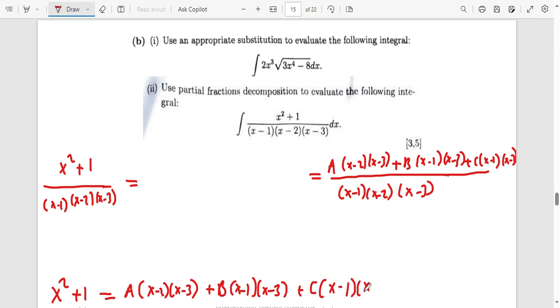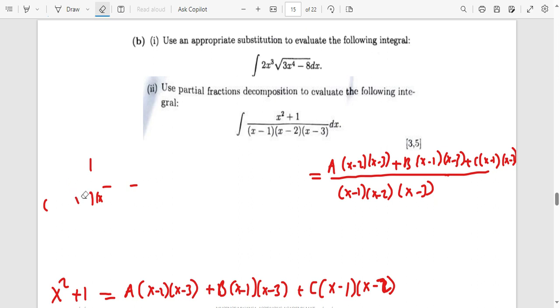What is that? Didn't I miss it somewhere here? This is x minus 3. For B, what was it supposed to be? Okay, this is supposed to be x minus 2, not x minus 3.